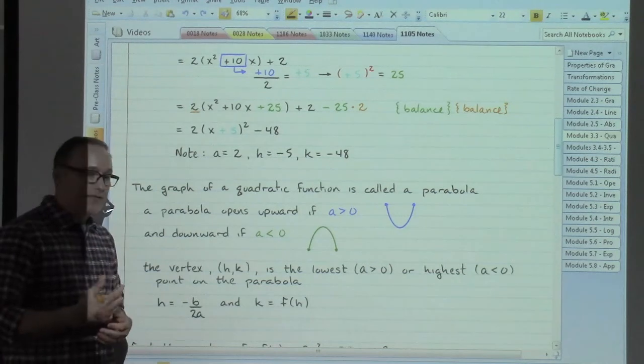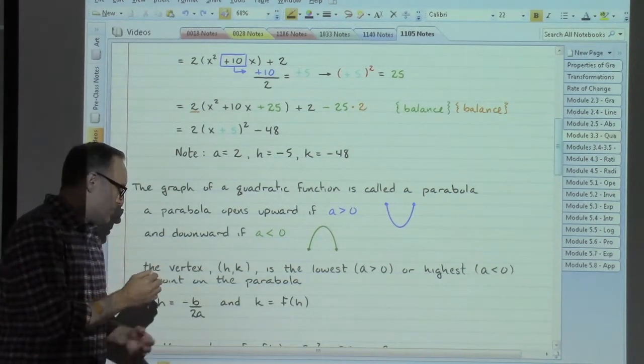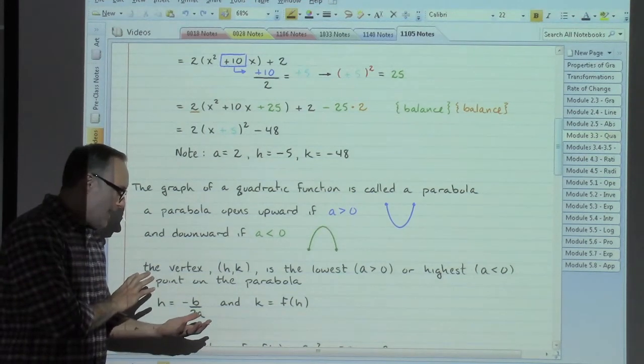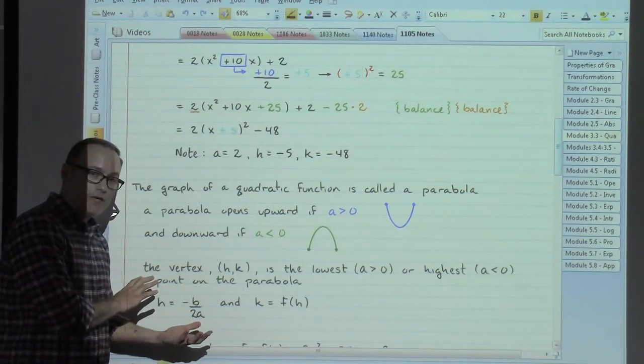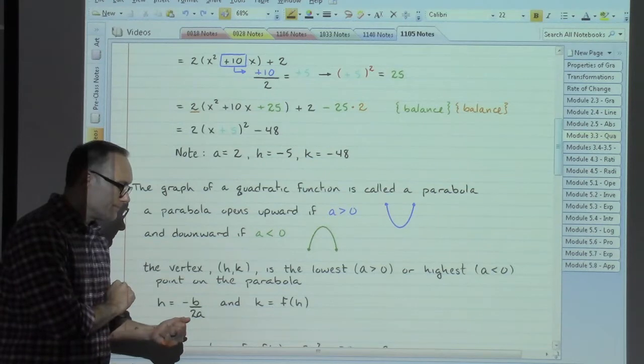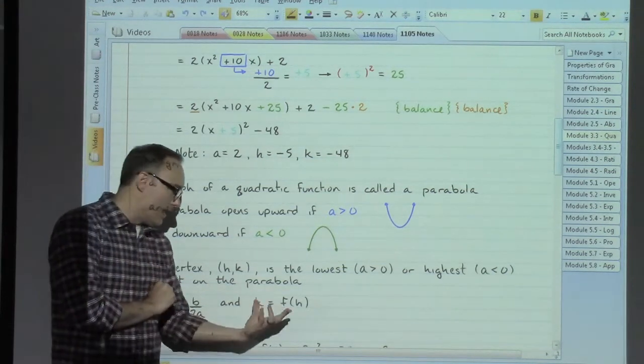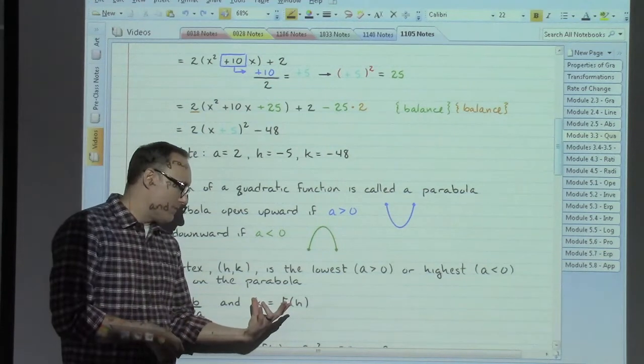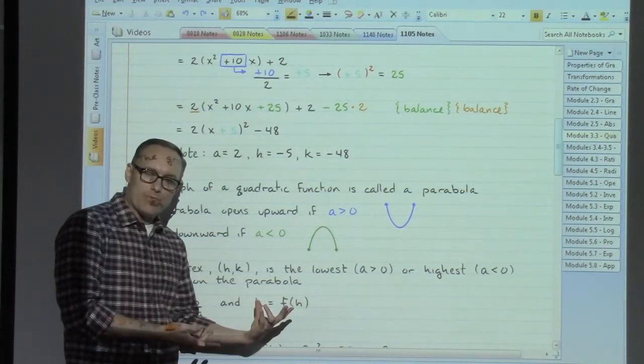And you might feel that this is a much quicker way to do so. We've got our h coming from a formula. H is equal to negative b over 2a. Then the k, well, once I have the h number, I can plug it into my function and get the k number that we need.